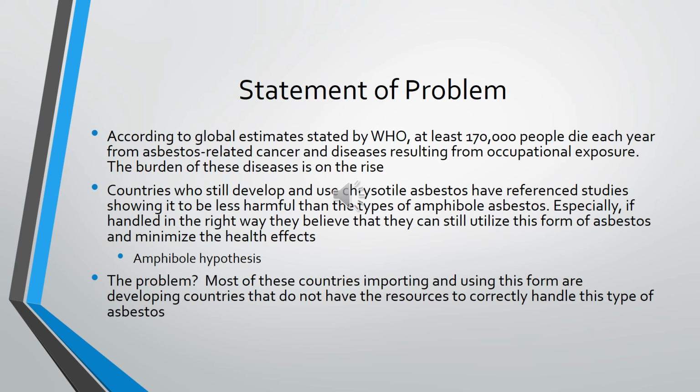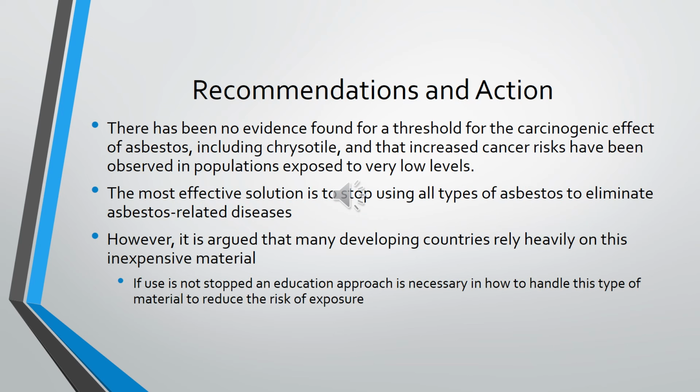Another issue is that most of the countries importing and using this form of asbestos are developing countries that don't have the resources to correctly handle this type of asbestos, nor do they have the education. So, as of right now, there has been no evidence found for a threshold for the carcinogenic effect of asbestos, including chrysotile. Studies have found that populations exposed to very low levels still have increased cancer risks.